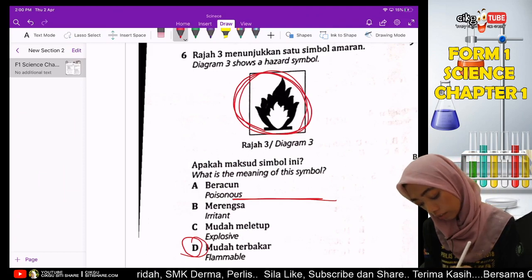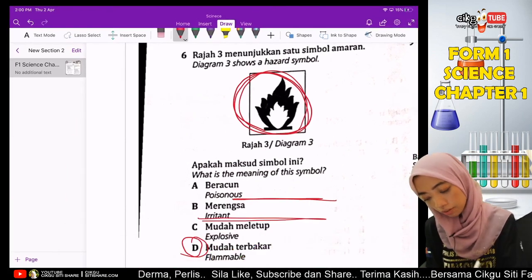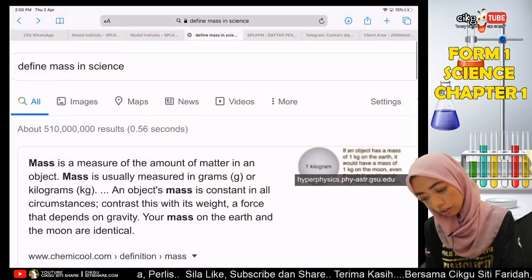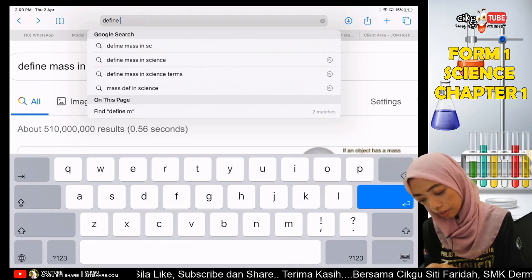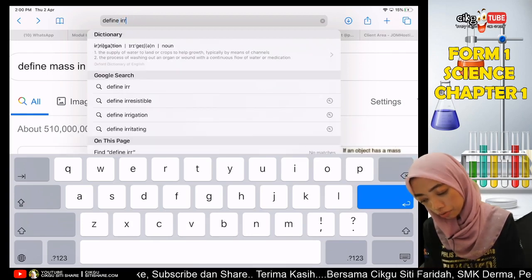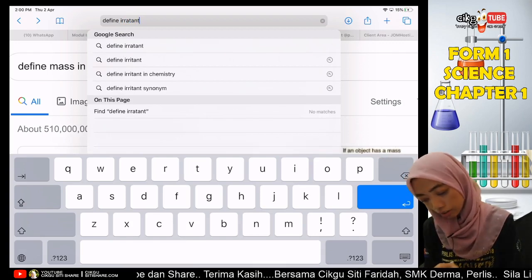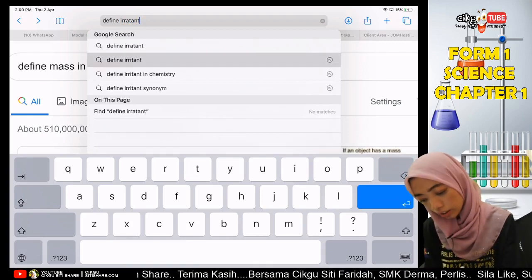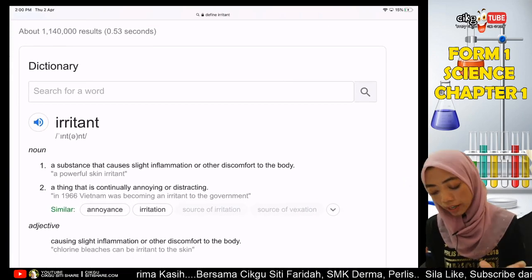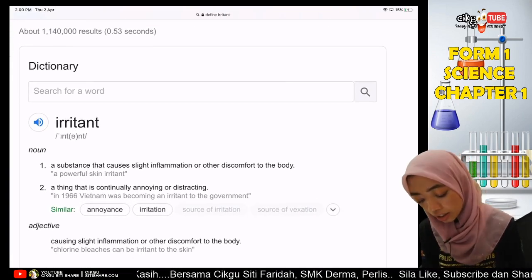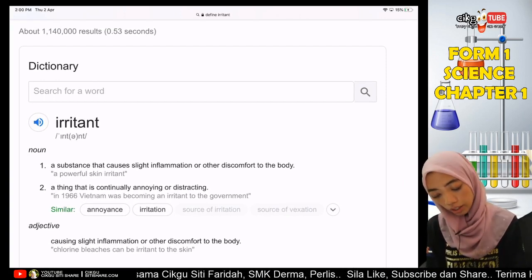Irritant. What is irritant? Let's define irritant first. Maybe it's a new word for you, Form 1. Irritant is a substance that causes slight inflammation or other discomfort of the body.